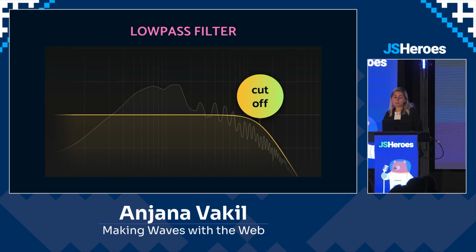So for example, a low-pass filter says, OK, anything lower than the cutoff frequency, you're good. You get to pass through. Anything higher than the cutoff frequency, I'm going to attenuate. And the further away a frequency is from the cutoff, the more it's going to get attenuated. So there's a bit of a roll-off in the shape of this filter function.